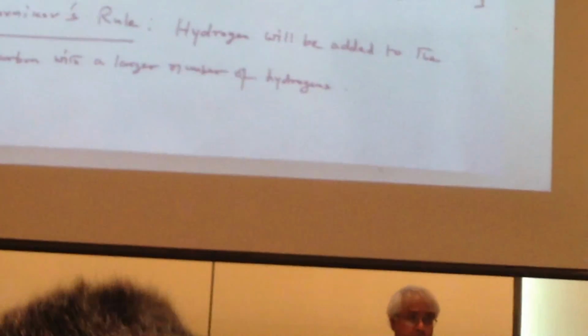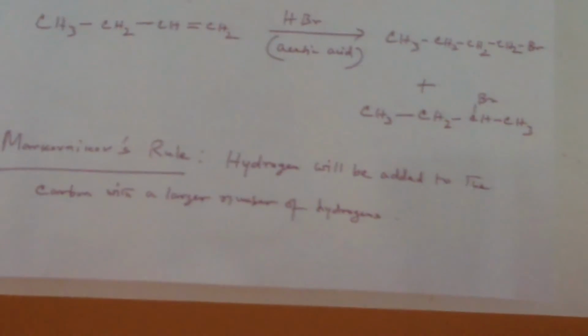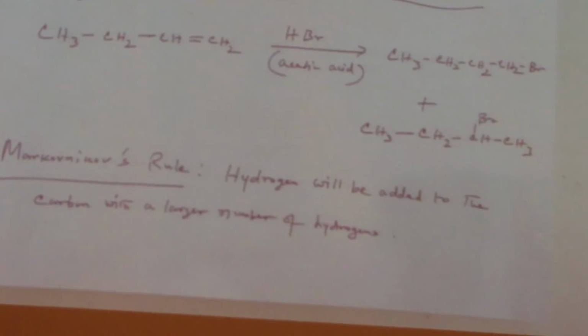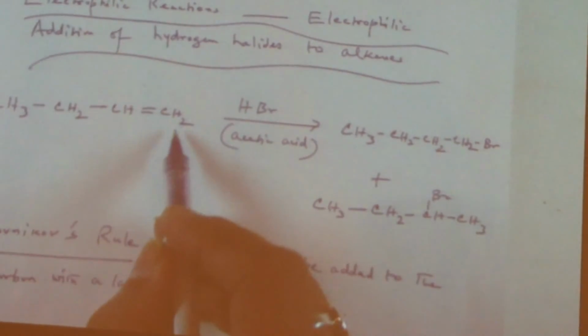So in other words, when we compare any double bond, we see how many hydrogens are already there. And then based on that, we add the hydrogen to the one where more hydrogens are there. And therefore the bromine or the halogen would go to the other one. In this case, we have 2 hydrogens here and 1 hydrogen here. So the hydrogen must go to this one.